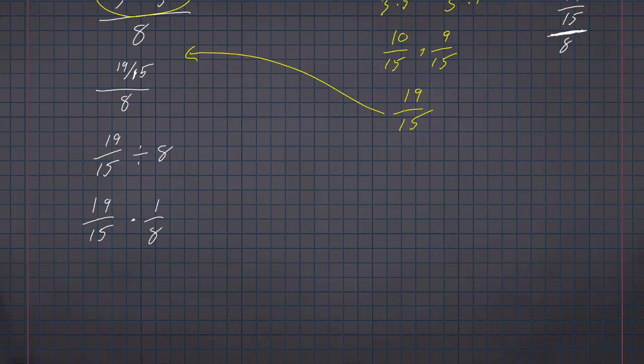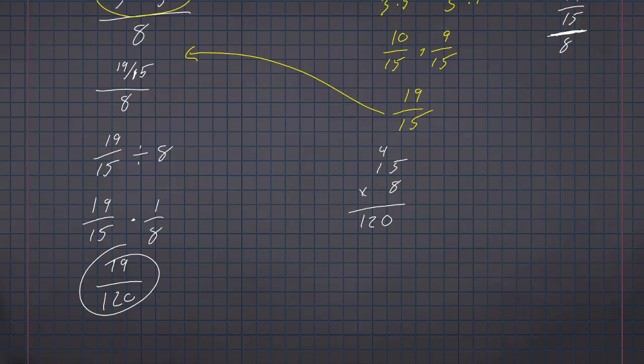If we could, we would reduce at this point, but there's nothing to reduce. So we multiply across. 19 times 1 is 19. 15 times 8, well, you may not know that one offhand, 8 times 5 is 40. 8 times 1 is 8, plus 4 is 12. So I get 19 over 120 as my result.